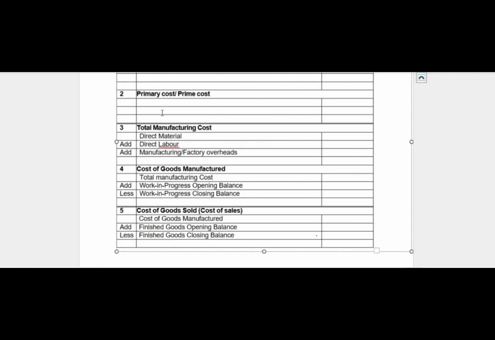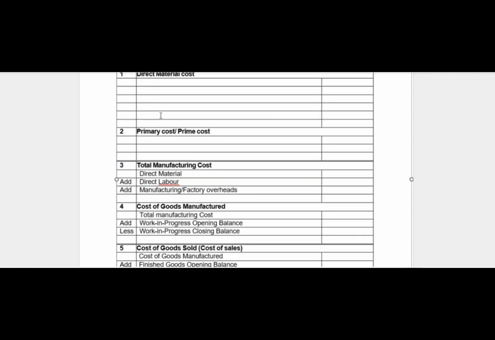All right, and then we also have to calculate primary cost. Primary cost is easy, it's just the direct material cost, you add direct labor.